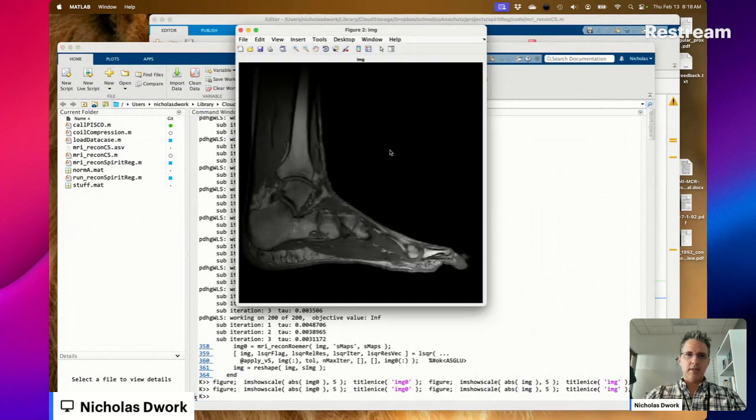Lots of detail missing. I mean, lots of detail missing. Artifacts showing up. This is not good.